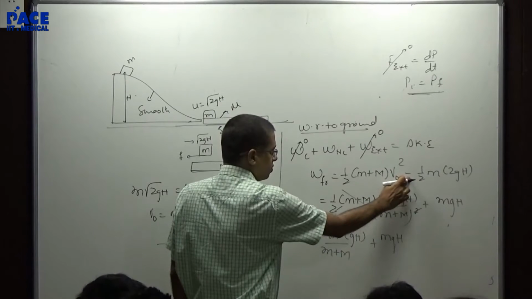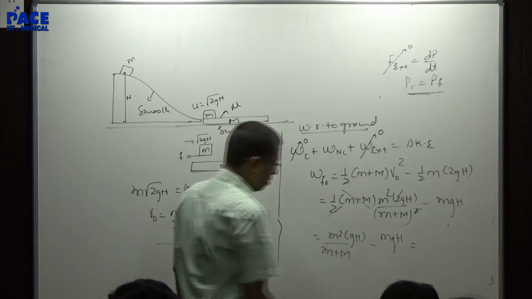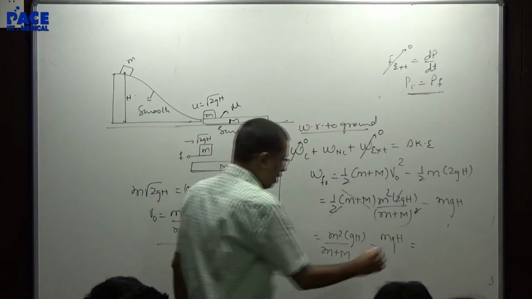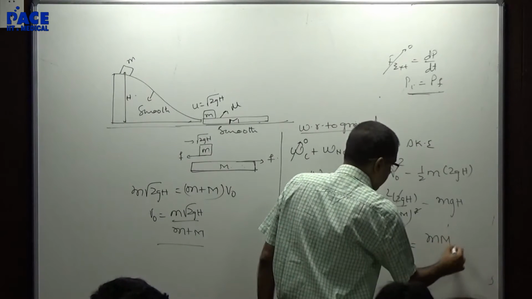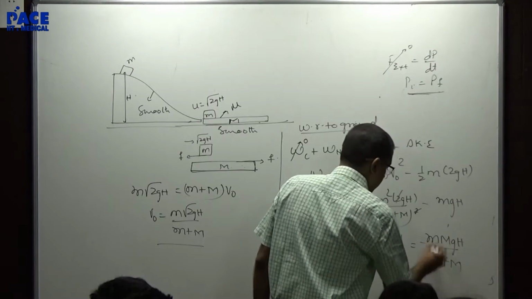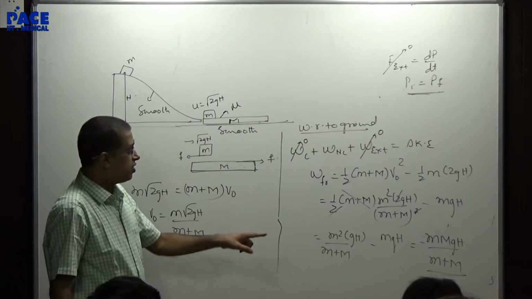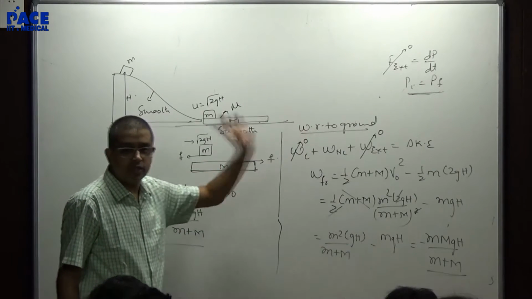Sorry, this is minus. If I take LCM, I'll be left with small m capital M gh by small m plus capital M with a negative sign. This is the work done by friction with respect to ground.